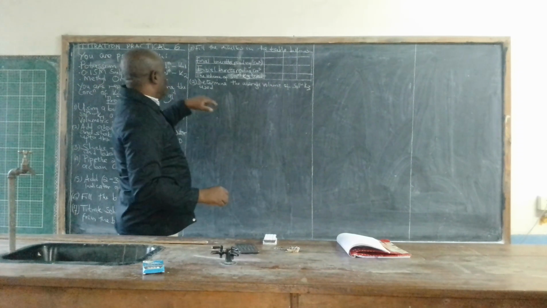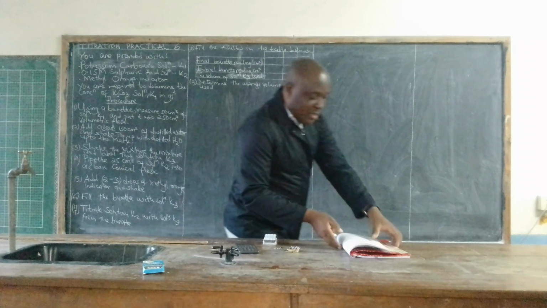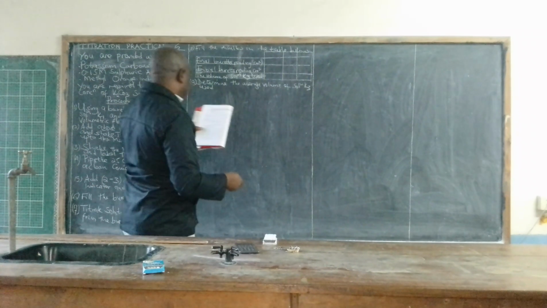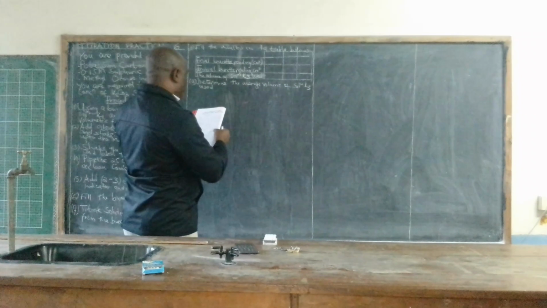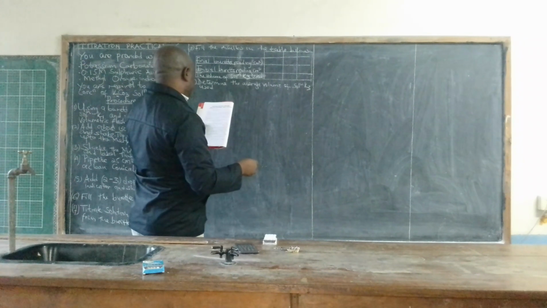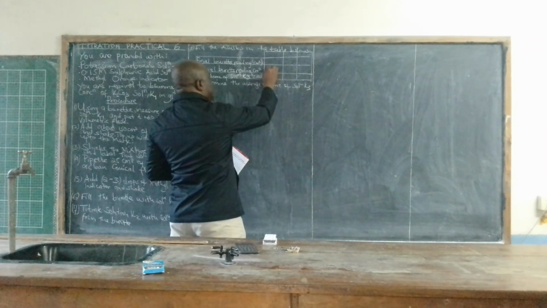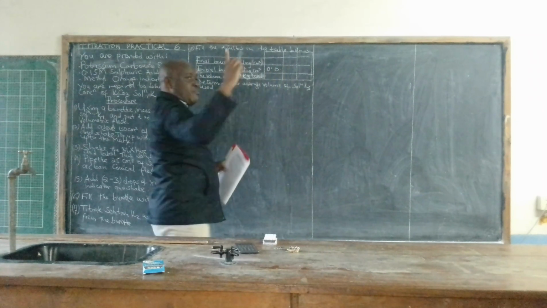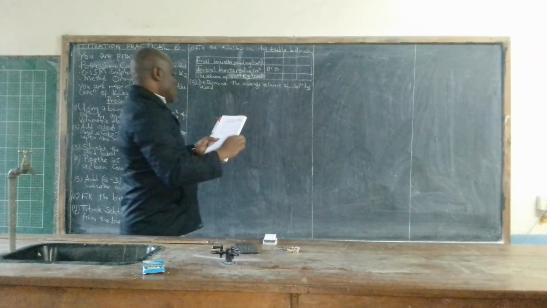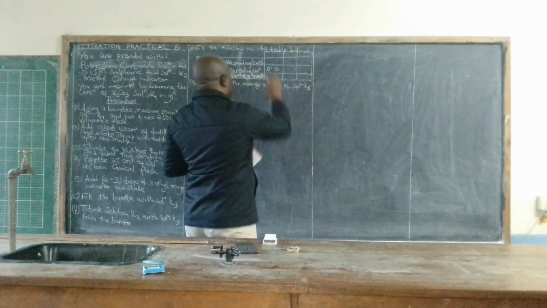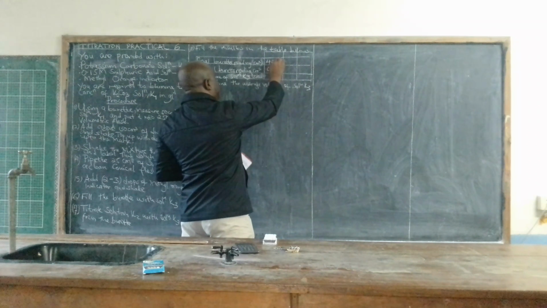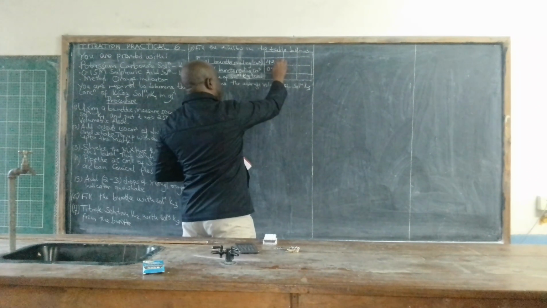Now, for the questions that follow, we have been told to determine the average volume of the solution. Let us assume that we filled the burette up to the zero mark, and then we have titrated, and our solution changed at 42.7.